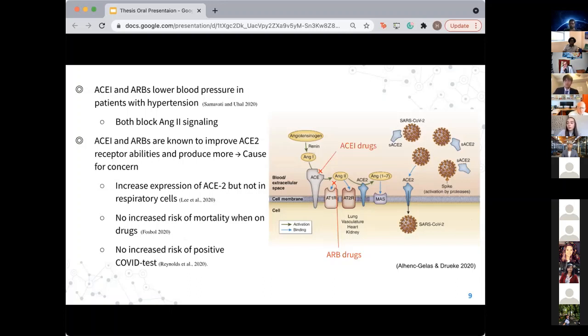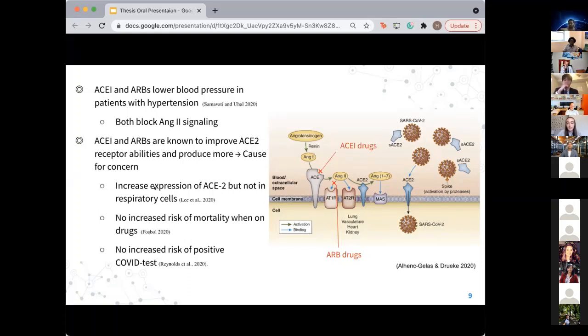But as the months went on, there were 3 very important papers that came out in October and November of 2020. First was an in vitro experiment that said, yes, these drugs do increase the amount of ACE2 receptors, but it wasn't in the respiratory system where COVID-19 infected. It was only in other parts of the body.